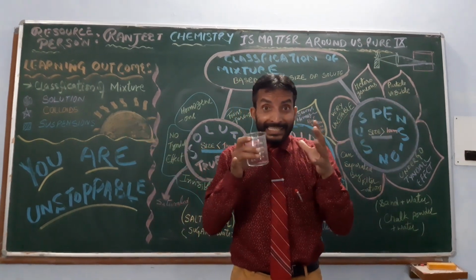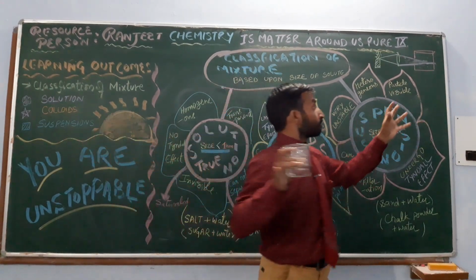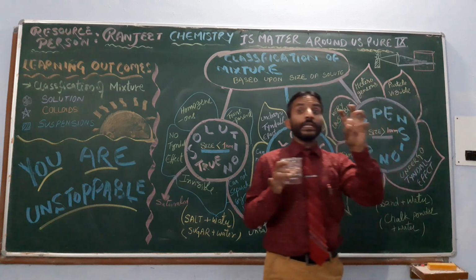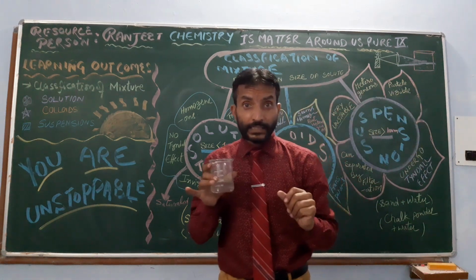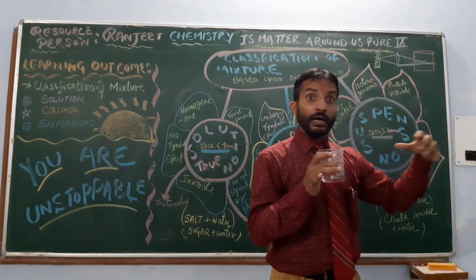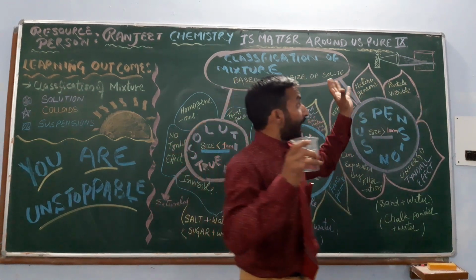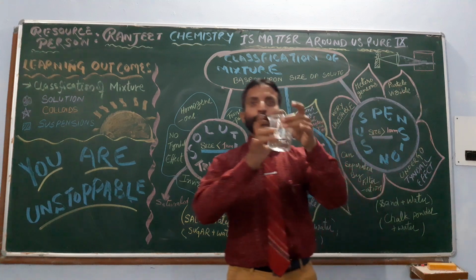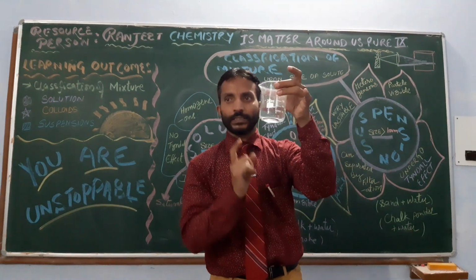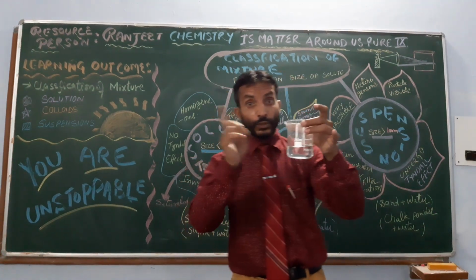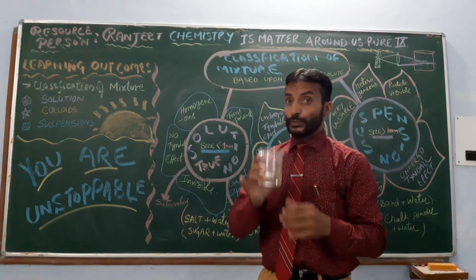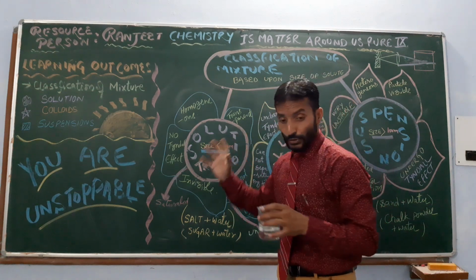For that, we need a particular size of particles which can scatter the light. When it gets scattered, the path is visible. A true solution does not show the path of light, so the Tyndall effect is not given by a true solution. This is all about true solution.